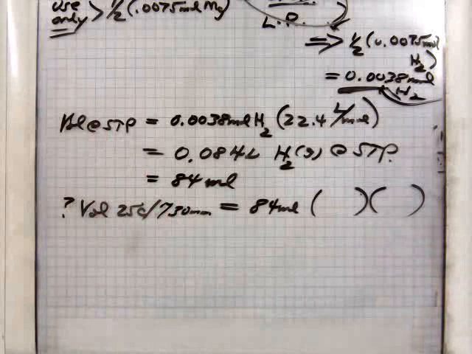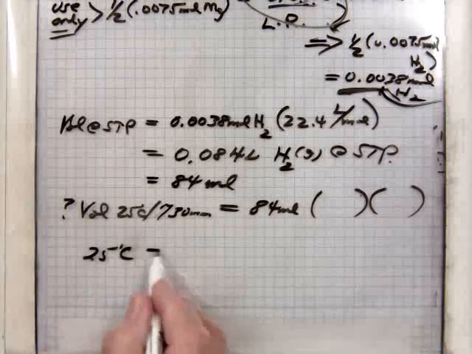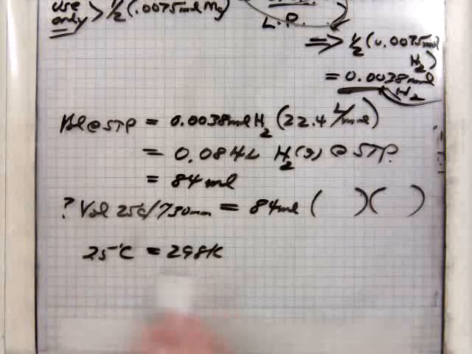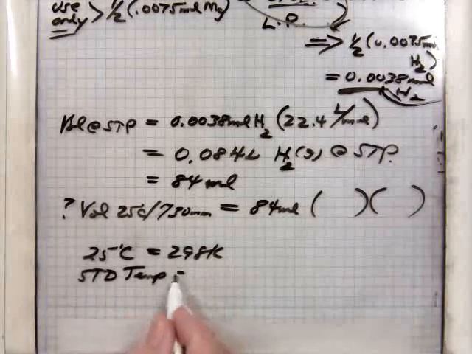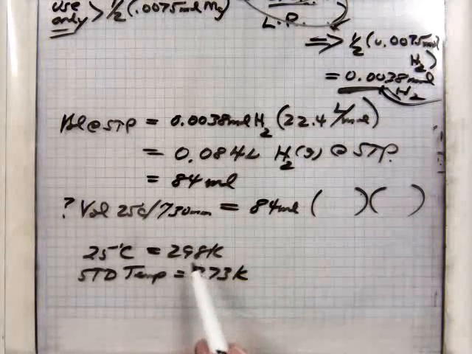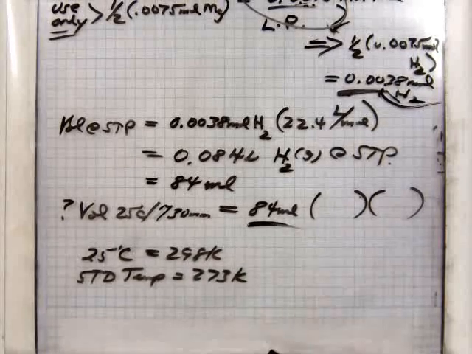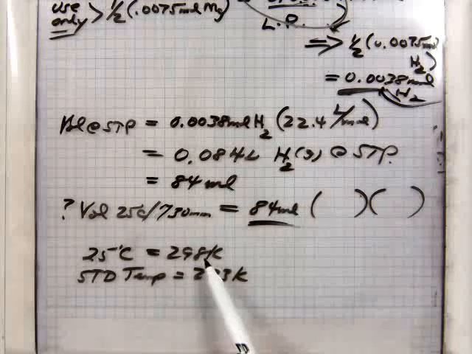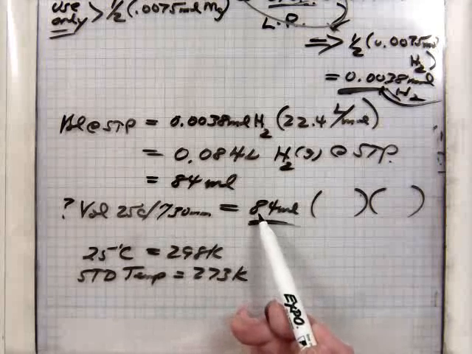Well, 25 degrees in Kelvin is 298 Kelvin. The standard temperature is 273 Kelvin. I need a ratio between those two numbers that'll make that a bigger number. I'll say it again. I need a ratio between 298 and 273 that'll make 84 a bigger number.